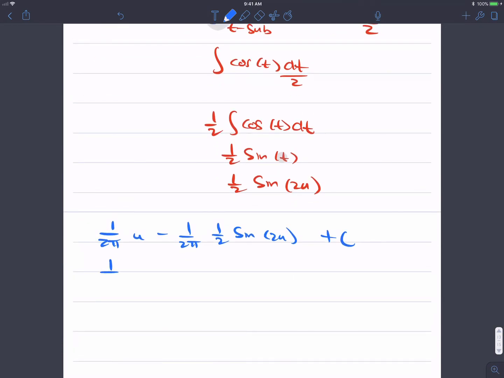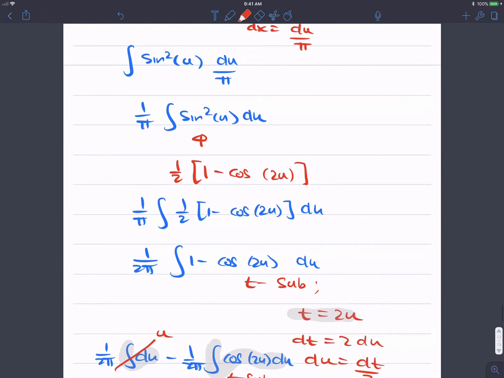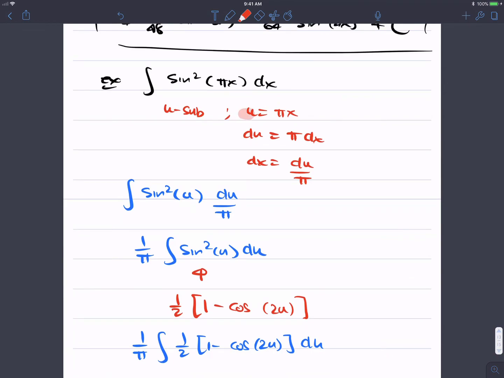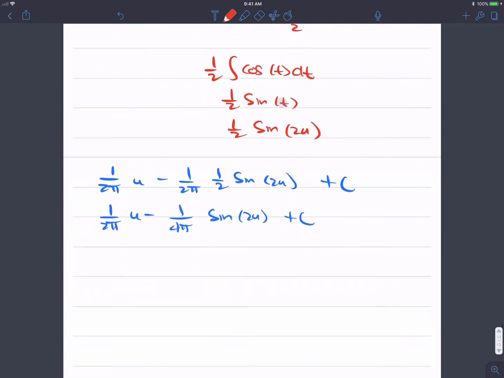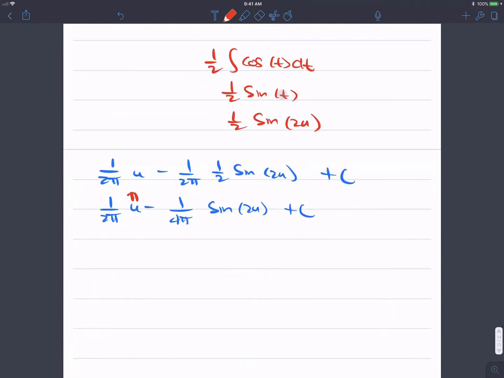So when I reduce here, this is u over 2 pi minus 1 over 4 pi sine 2u plus c. Now remember, what was u to begin with? U, all the way back here, is pi x. So I'm going to replace my u with pi x.